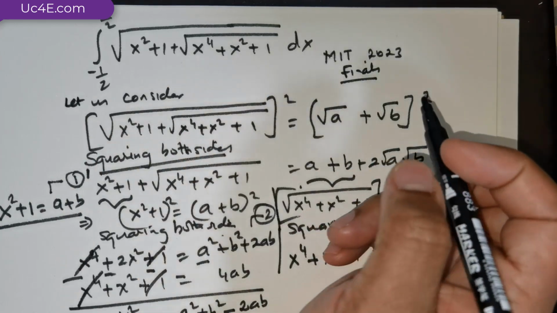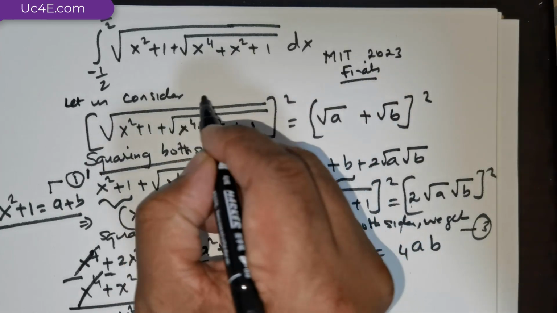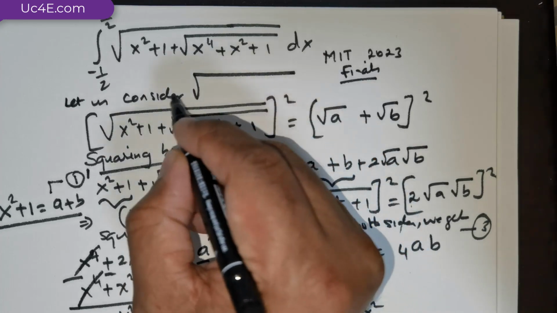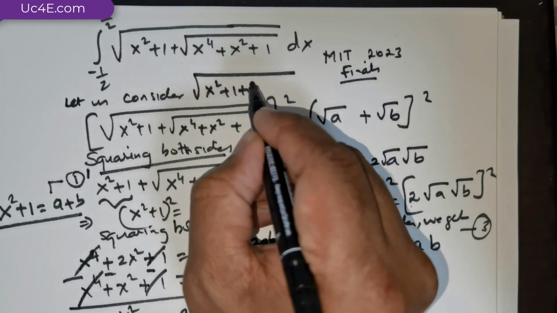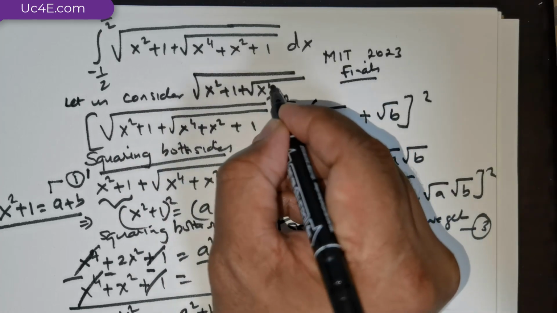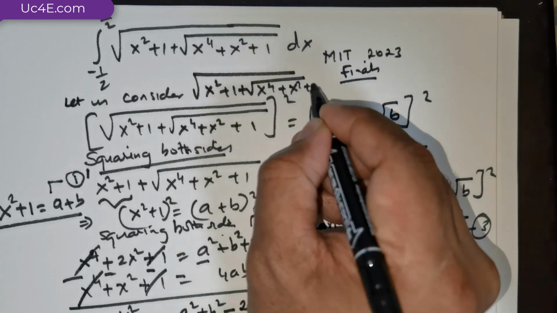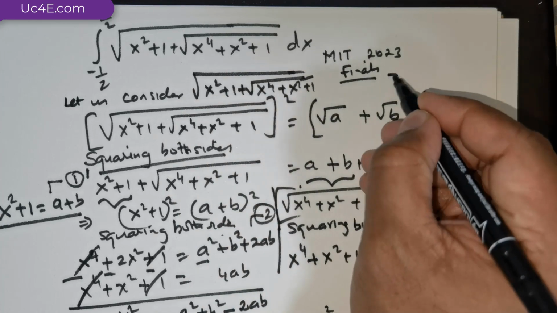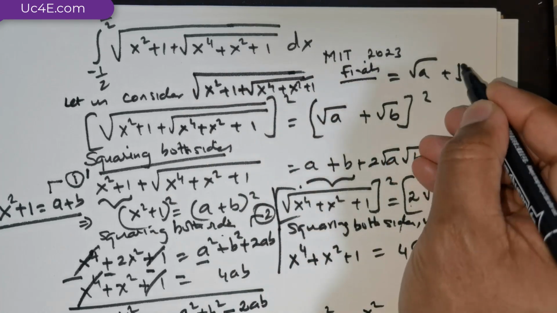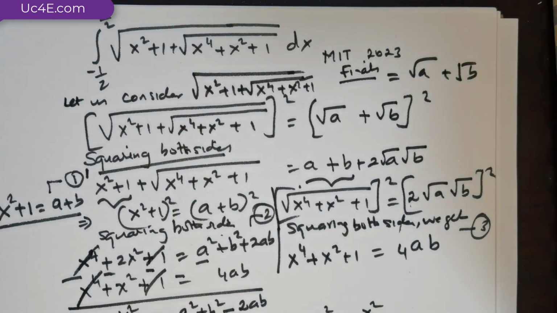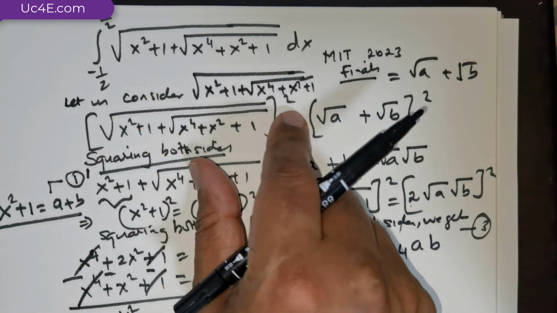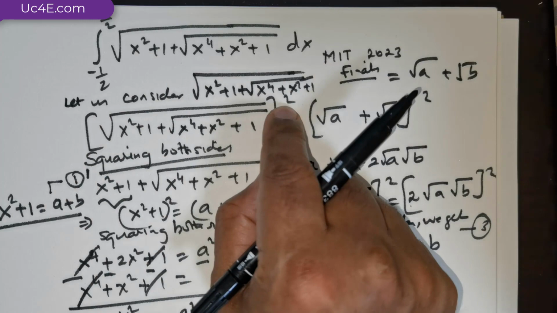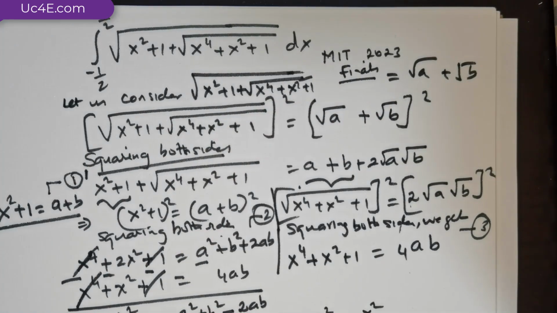Actually we started off with this particular statement, that is, consider square root of x squared positive 1 positive root of x to the power of 4 positive x squared positive 1 to be equal to root of a positive root of b. This is what we took in, and then we squared it, right? And that's the reason I just placed a parenthesis and raised them both to the power of 2.